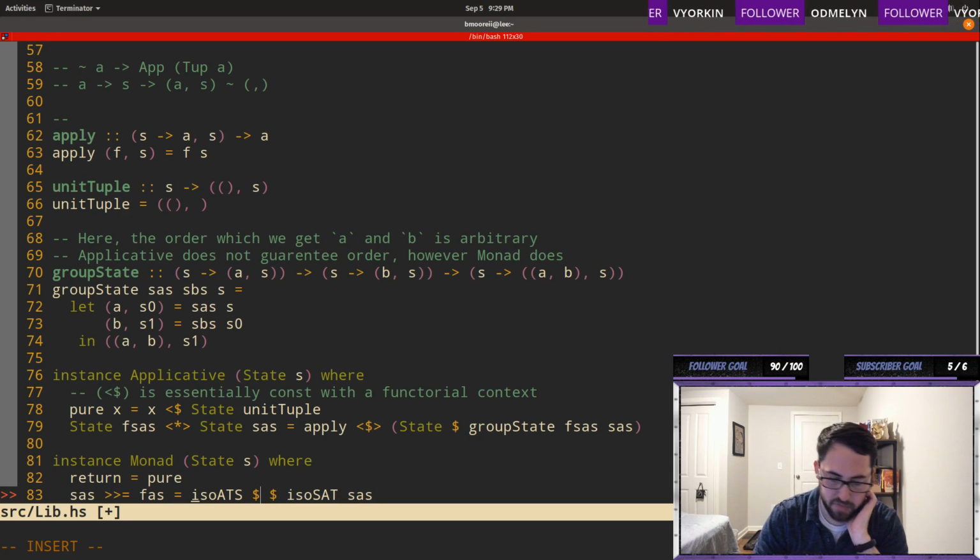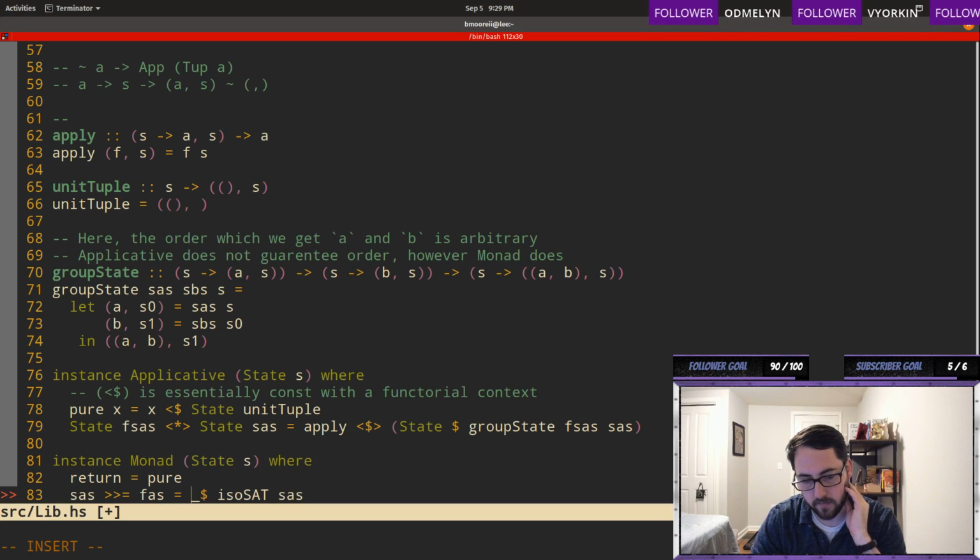This actually embeds a state, so I don't need the un-ISO. I only need ISO sat. And I just need to return. It's gonna look something like our functor instance, more or less. I think.